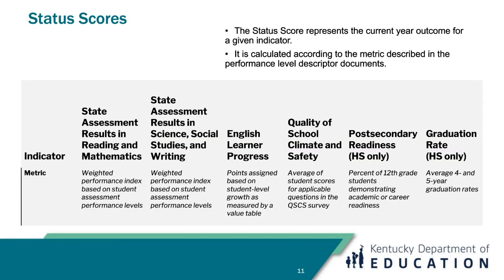The status scores represent the current year outcome for a given indicator, and for our English learner progress, it is also calculated according to the metric. That is the points assigned based on the student level growth as measured by a value table. And I showed you both of those value tables previously for both ACCESS and Alternate ACCESS.